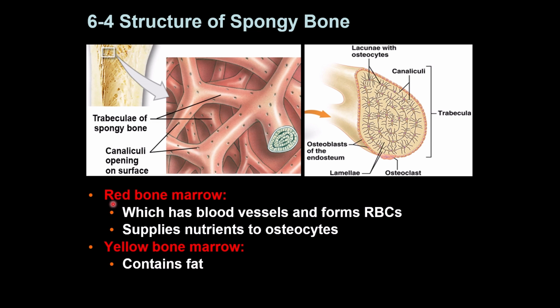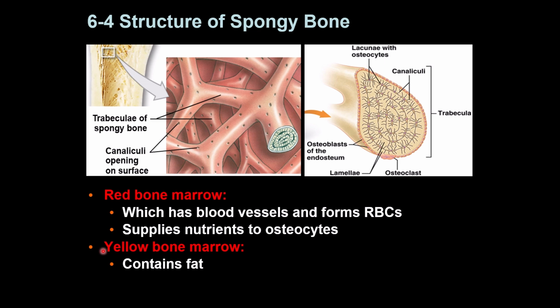It's covered by red bone marrow, and red bone marrow is the one that makes the red blood cells and other cells in the blood, and it also contains blood vessels that carry those blood cells back to the blood. And as you age, some of these areas are filled with fat, and that becomes yellow bone marrow.